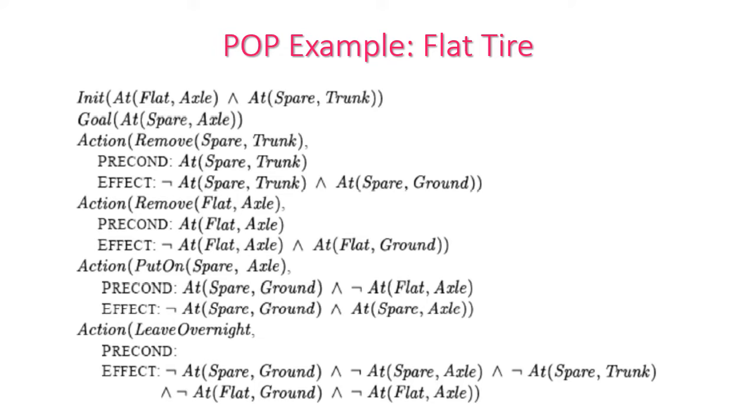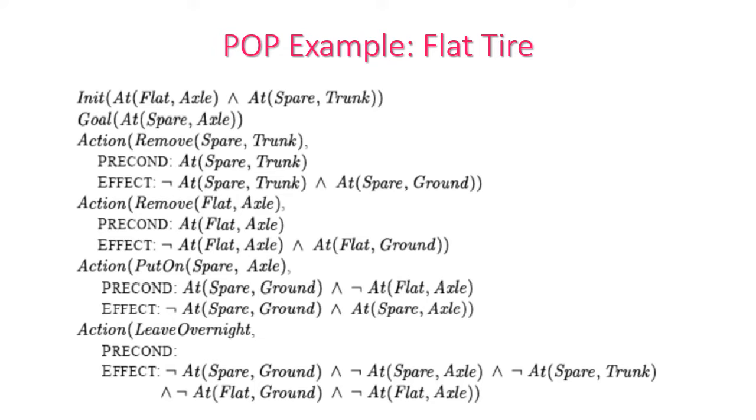The first action's precondition is spare at trunk, and the effect is spare not at trunk and spare on the ground. The precondition for the second one is flat at axle, and the effect is flat not at axle and flat at ground. The precondition for the third action is spare tire at ground and flat tire not at axle, and the effect is spare not at ground and spare on the axle.